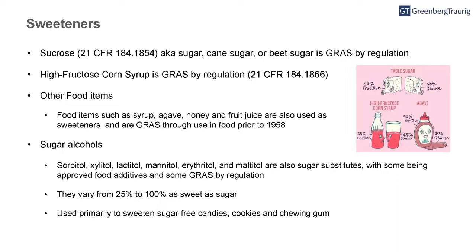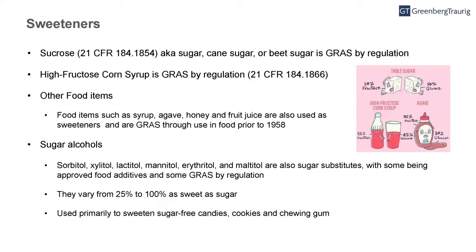Other food items that are often used as sweeteners in the United States, such as syrup, agave, honey, and fruit juice, are GRAS through their common use in food prior to 1958. So there's no specific regulation which identifies them as GRAS, but they've been commonly used in food for a long period of time, so the FDA also recognizes them as GRAS.